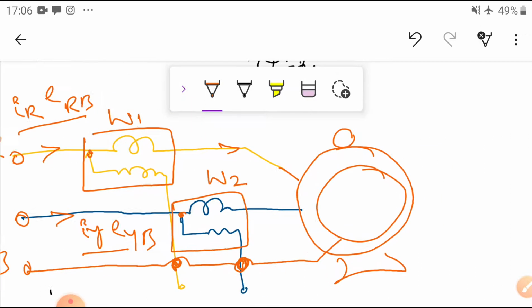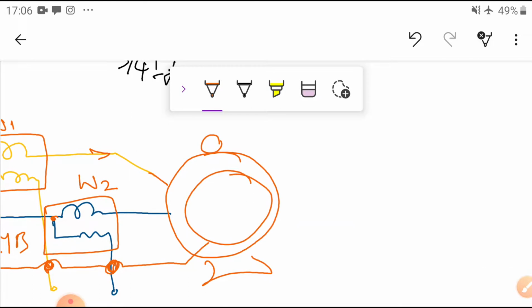We derived this already. The instantaneous power is read by W1 and W2. So we already calculated that the total power is W1 plus W2. We proved that.